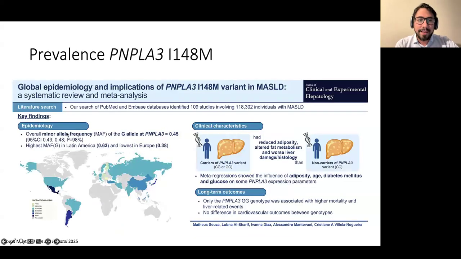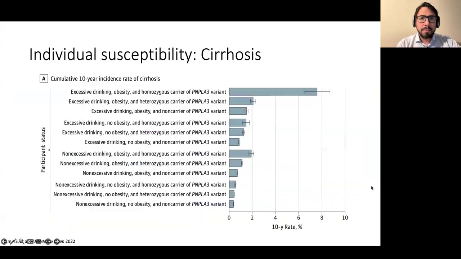So if we see the overall population that is affected by this genetic variant, we can notice that the Latin American population has a very high allele frequency of the high-risk variant of PNPLA3. And in Europe, these differences are very heterogeneous.